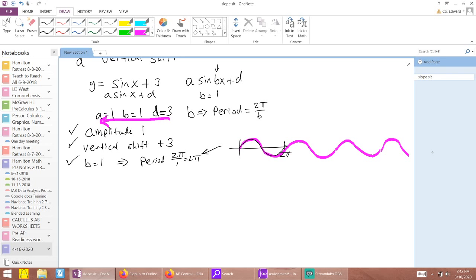The example at Hamilton is that a period is like, what, 78 minutes? That's how long it takes us to finish one full class. So to start and stop one sine graph, it takes me 2 pi to finish one full graph. So in this case, it takes us 2 pi to finish this one full graph.